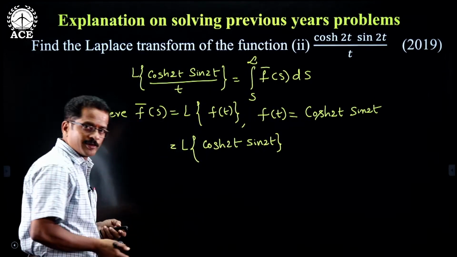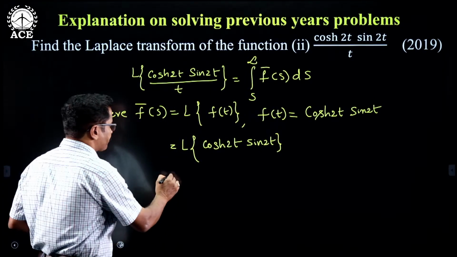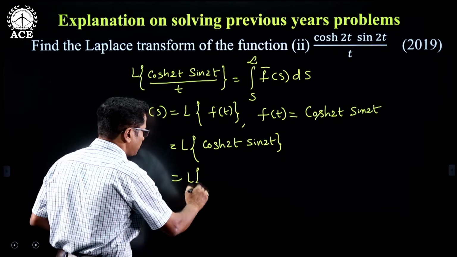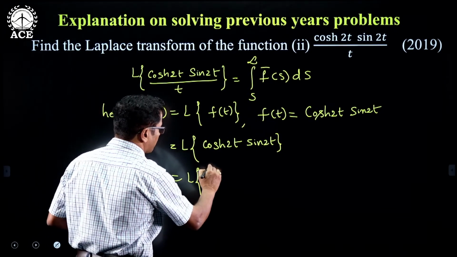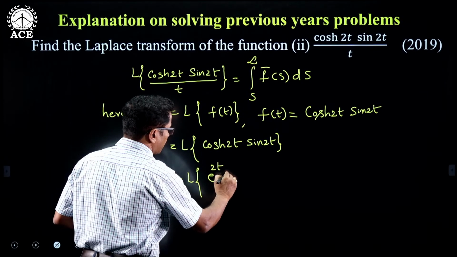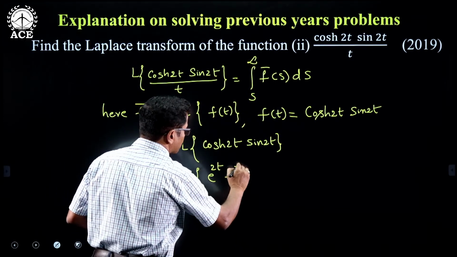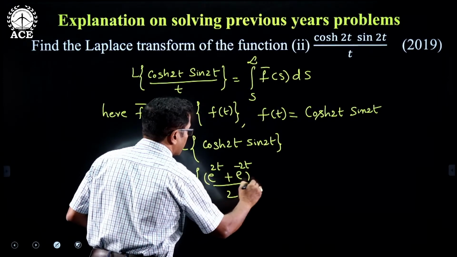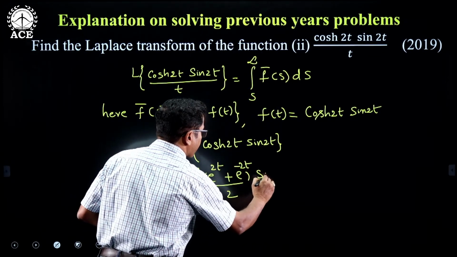So now I have to evaluate this. So here cos h 2t means e power 2t plus e power minus 2t by 2, into sin 2t.